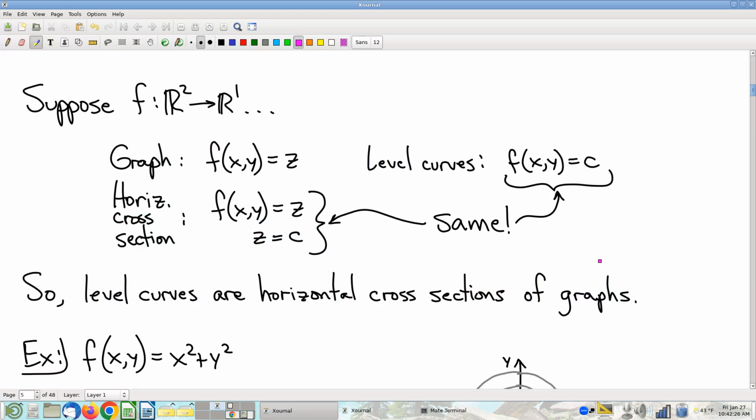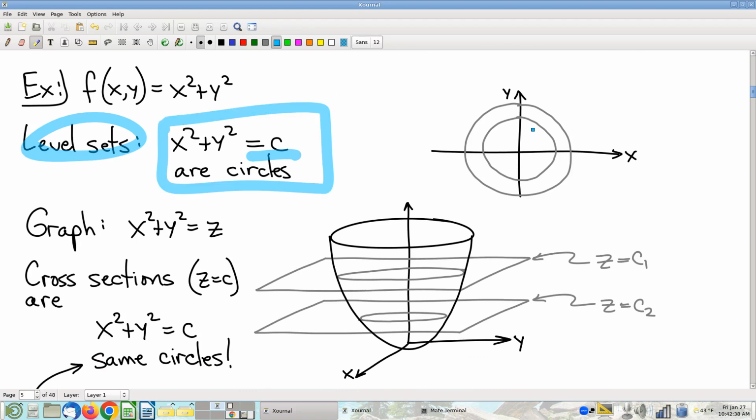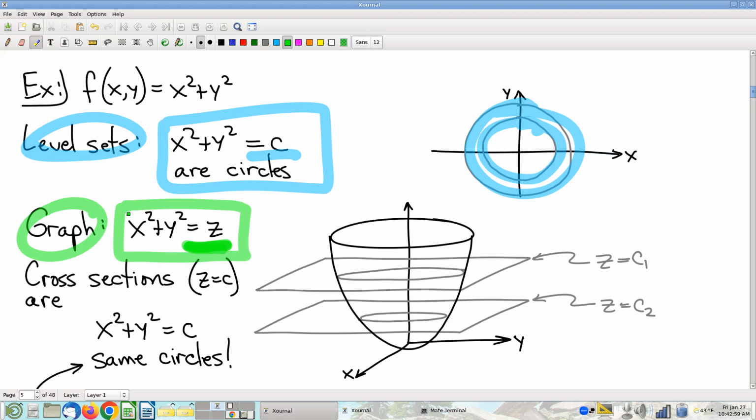All right, let's see an example of this. So again, this function we've dealt with previously. We've already drawn the level sets. And reminder, level sets are when you set the function equal to a constant. And that gives us these equations, which of course are these circles. So level sets are circles, previously noted. Now let's draw the graph. The graph of the function, again, setting now the function equal to a new variable, not a constant. That gives us this equation, which we're going to study in greater detail in a couple of minutes.